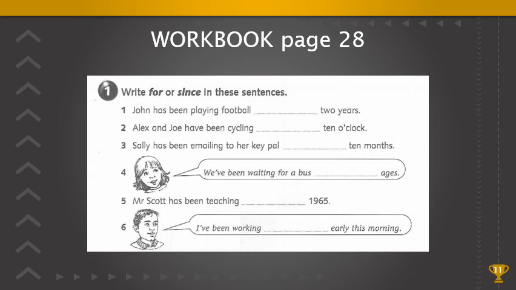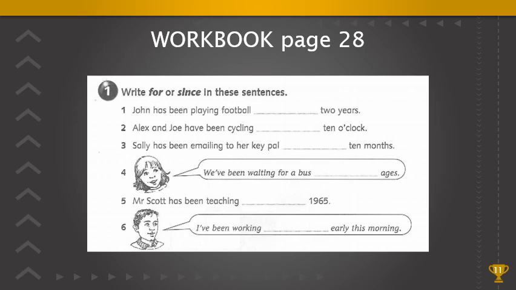And since means a point in time. It's like the date of when an action has started. And for is the period of time when you were doing the action.